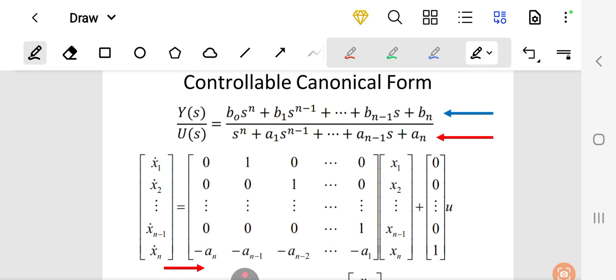For the controllable canonical form, we will take all the coefficients of the denominator from right to left, from an to a1, with opposite sign as the last row for the matrix A. Negative an, negative an minus 1, negative an minus 2, until negative a1. For the first column, it will be all zeros, and the rest of the matrix is an identity matrix.